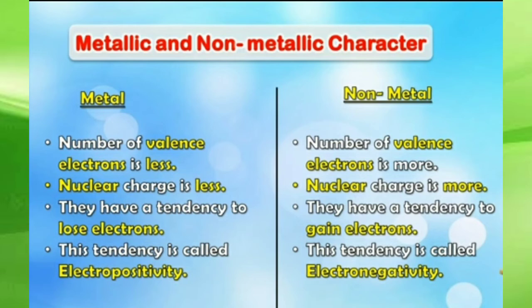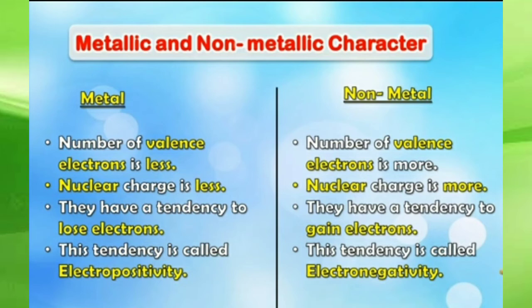And children, the tendency of losing electrons is called electropositivity. What is electropositivity? An atom which has a tendency to lose electrons. When the electrons are lost, they are called electropositive.